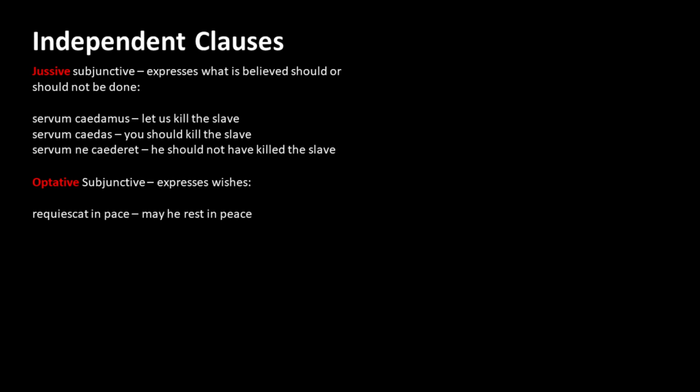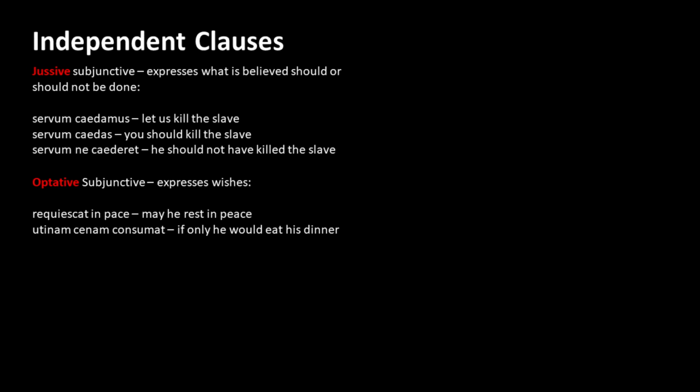We can see that also in the next three examples. Utinam cenam consumat. If only he would eat his dinner. The English way of saying this is rather strange. Would, I think, is supposed to refer to the past. But here I'm using it with a future meaning. So in English we use would to express a future wish.